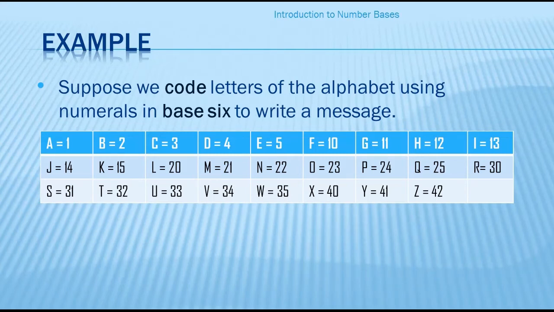First of all, I have encoded each letter using numerals in base 6, and we can see that A is 1, whereas E is 5. Now in F, instead of writing 6, we go back to 1, 0. And Z will be 4, 2.